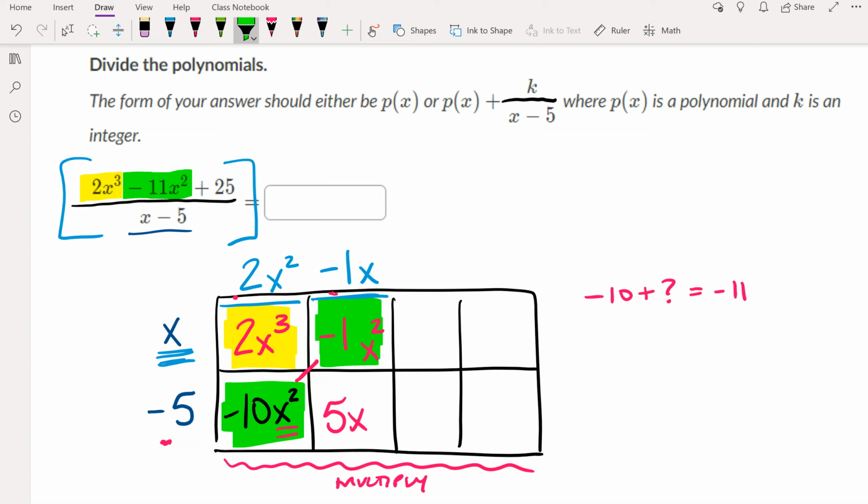Sweet. Let's go ahead and highlight that its own color. So 5x and this box have to add up to the number of x's that we see. We know that there's got to be an x in this box because remember they have to have the same variable and power on that variable, but we need to figure out what number this is.